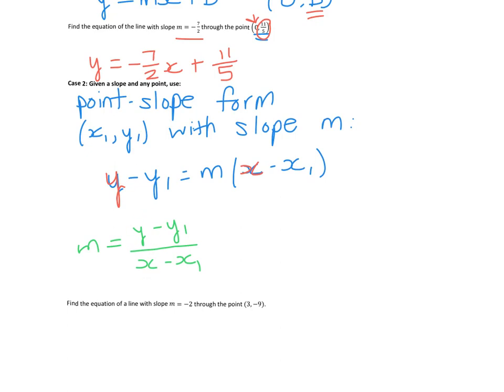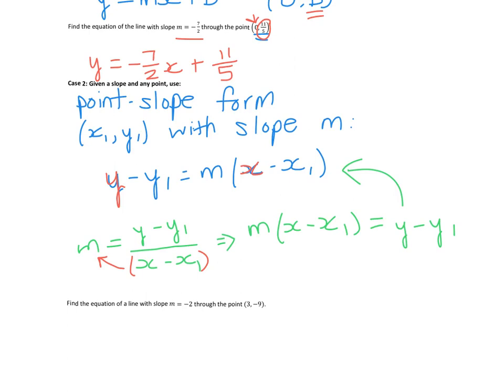And then notice if we cross multiply, let's get parentheses around x minus x1, and we multiply both sides by that denominator, or cross multiply, however you like to look at it, we get m times the denominator is equal to the top, y minus y1. And then if we just flip those equal sides, we get back to our equation, our point-slope form.